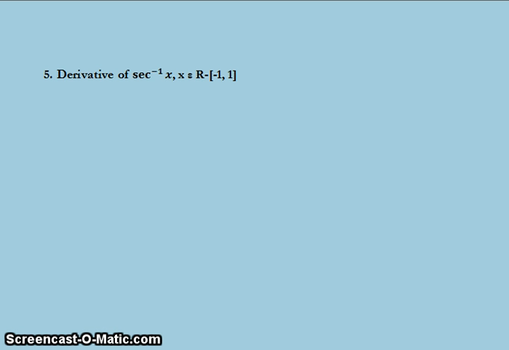It is equal to 1 divided by mod of x into root of x square minus 1, where x square is greater than 1, which implies that x belongs to R minus the interval minus 1 to 1.